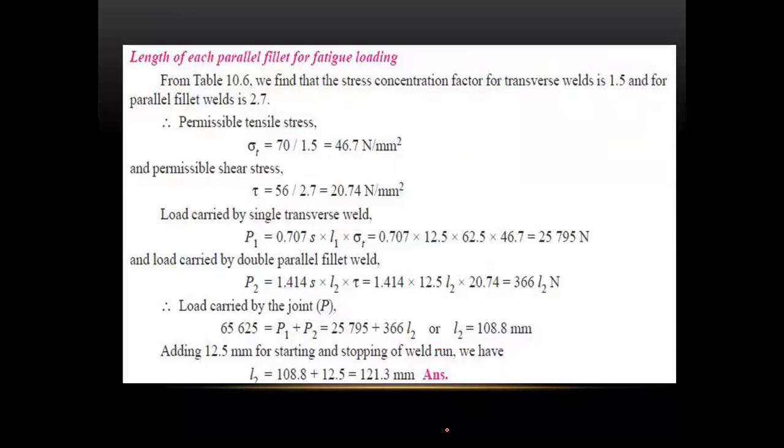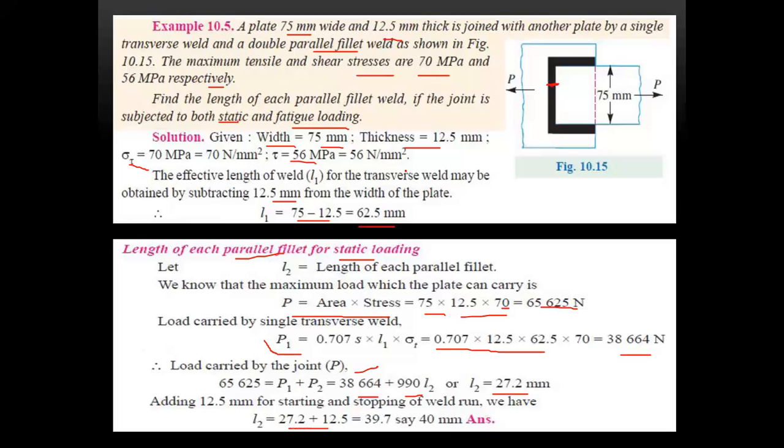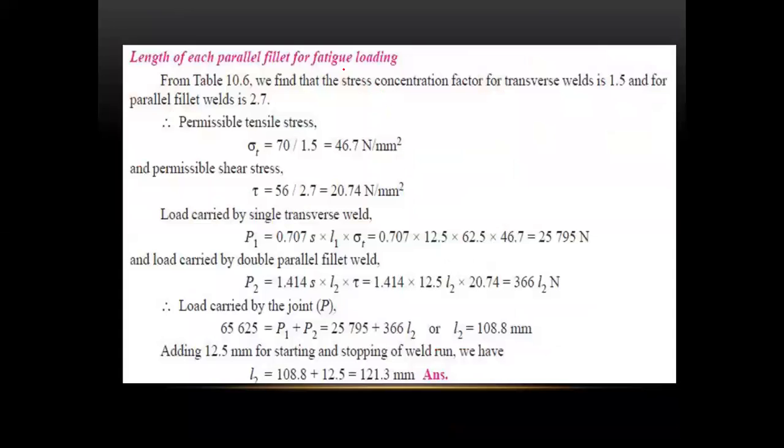Now the length of each parallel fillet for the fatigue loading, which was for the static loading, here it is for fatigue loading. From the table in the design data book, permissible tensile stress is equal to this one, divided by 1.5, that is equal to 46.7, and the permissible shear stress tau is equal to 20.74. Load carried by the single transverse weld P1 is equal to 0.707 into s into L1 into sigma t, that's equal to this one.